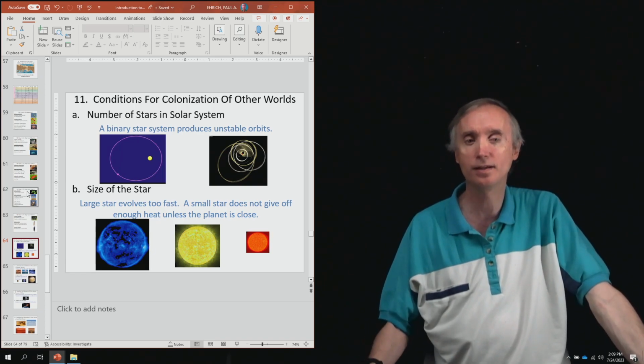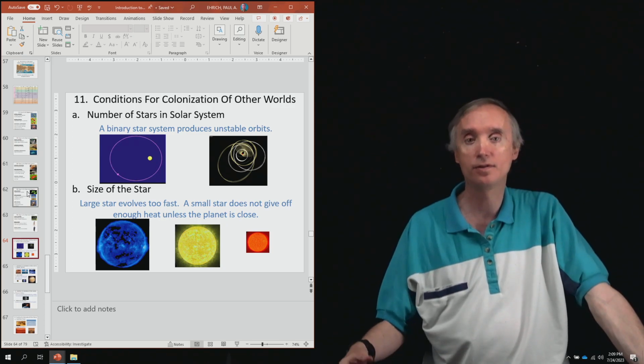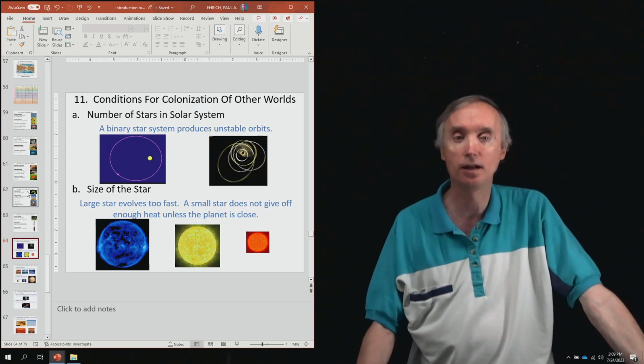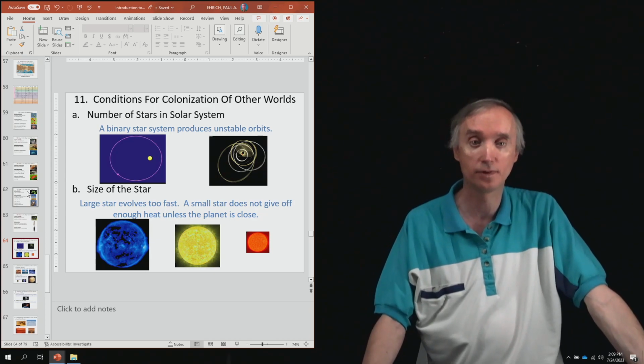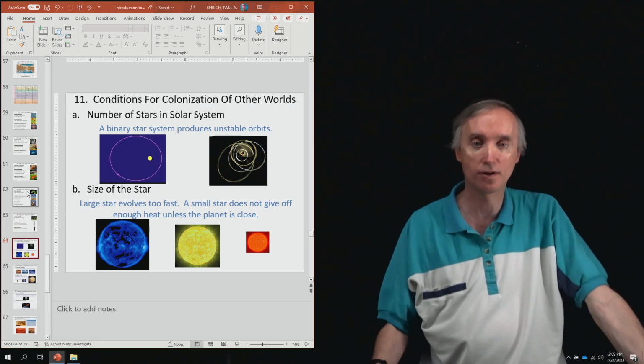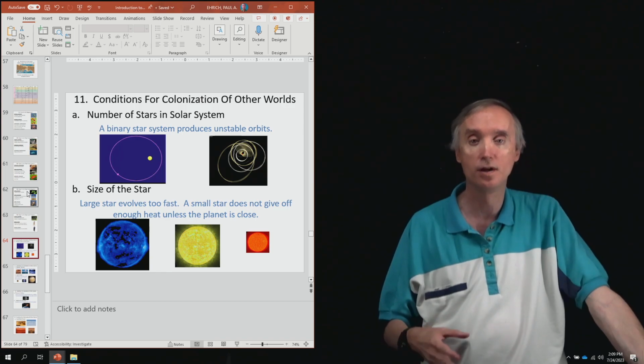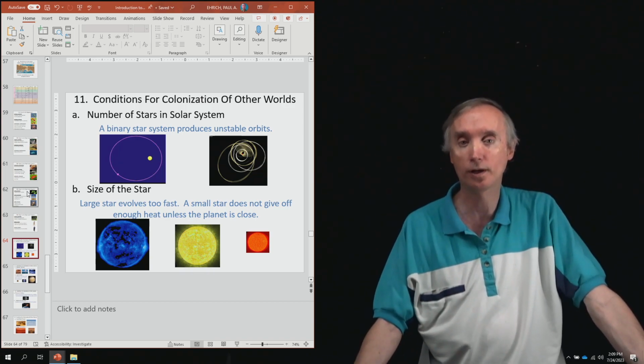All right, the next thing is what about the size of the star? Okay, our star is a yellow-white star. We do not want to be looking for a star that is a big blue star. So the big blue ones are the hot ones, and that means that they are going to run through their fuel very quickly.